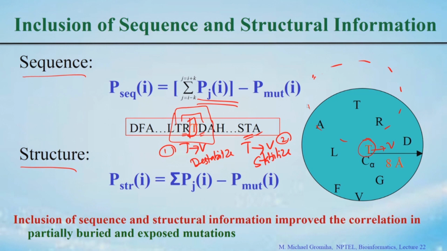You can take into account the residues which occur within the limit of 8 angstrom and substitute the values, and if you add this, then the value of this T will change from that T. You can account for the structural information like the sum of Pj of i, where i is the central residue and Pj is a property of the residue j which surrounds residue i. This number will change based on the location of your mutant.